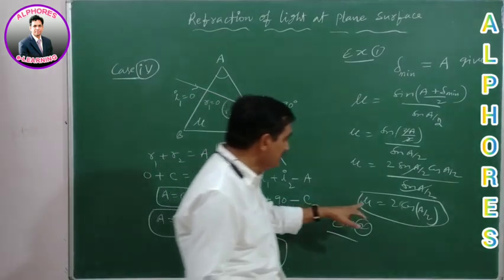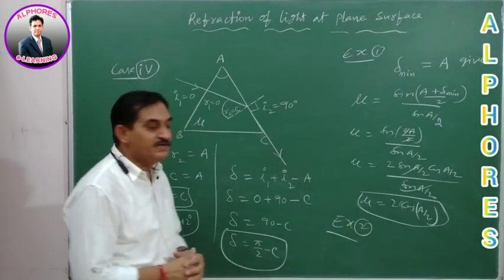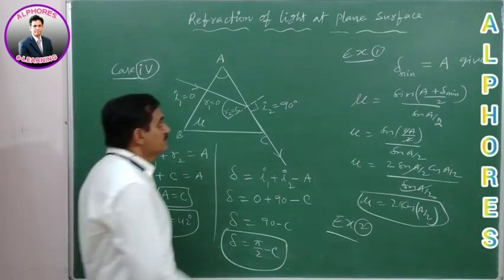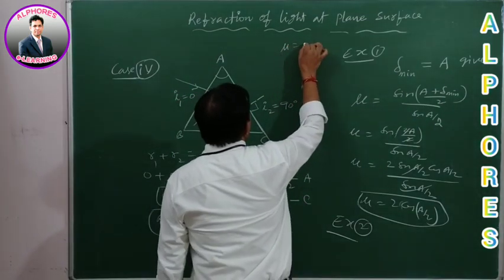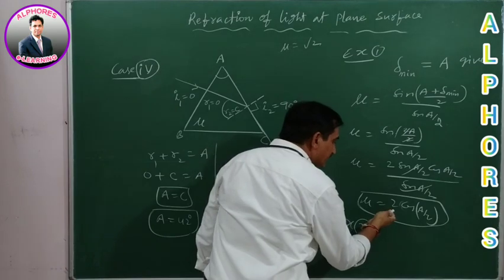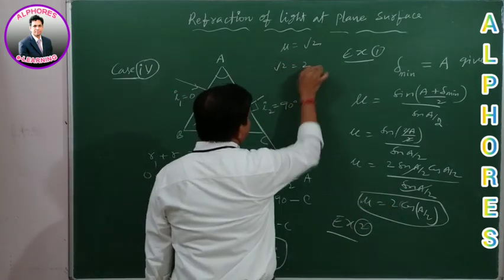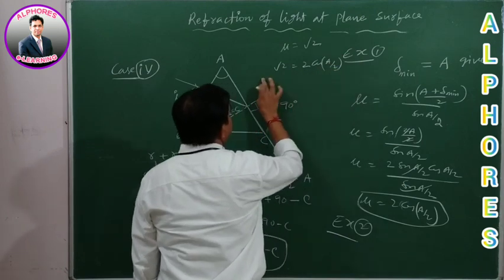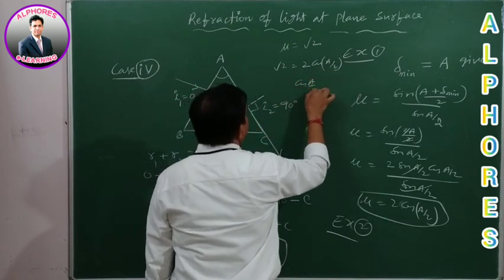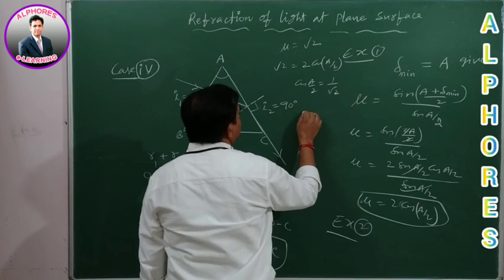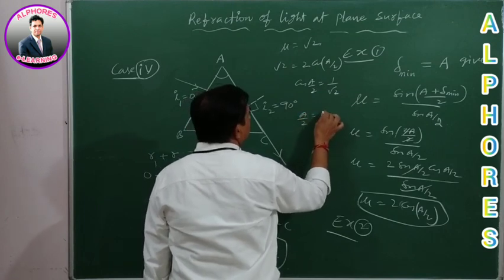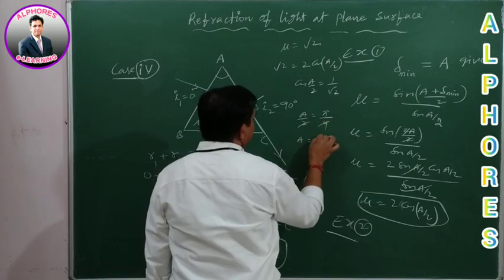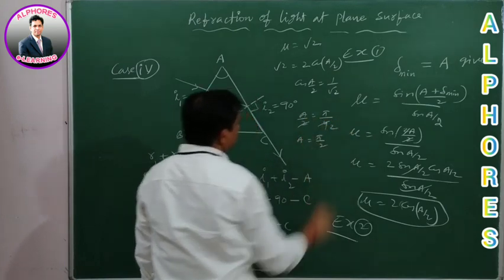We can easily find this. Mu is equal to root 2 given, and put here root 2 equals 2 cos A by 2. Then simplifying, cos A by 2 is equal to 1 by root 2. Then A by 2 is equal to pi by 4. Then A is equal to pi by 2.